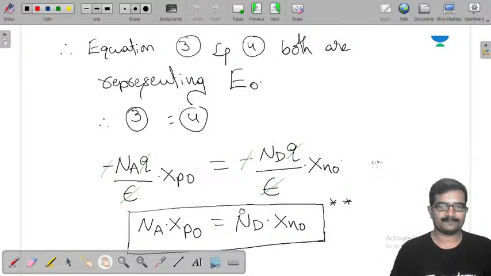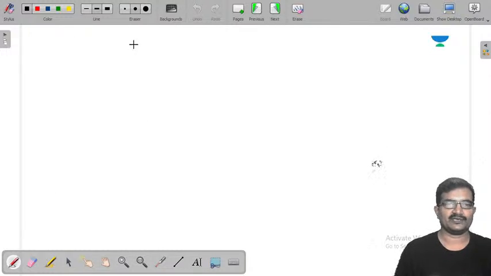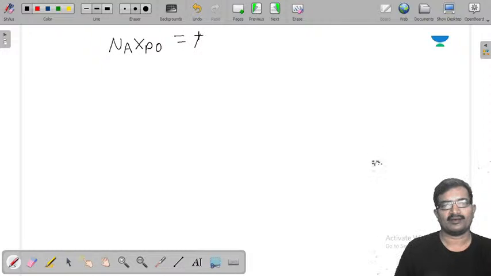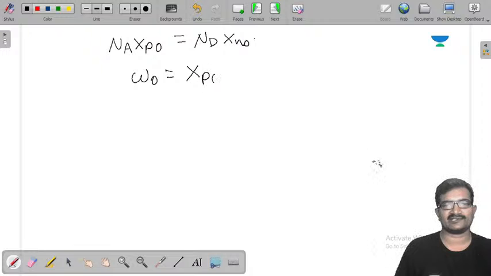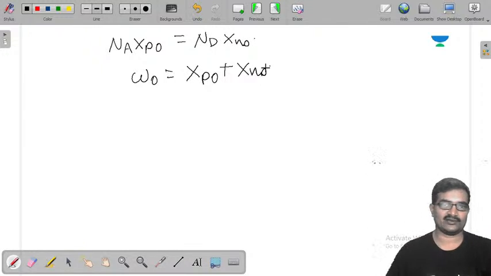I'm moving to the next page. So far we derived Na into xp naught equals Nd into xn naught, and W naught is xp naught plus xn naught.